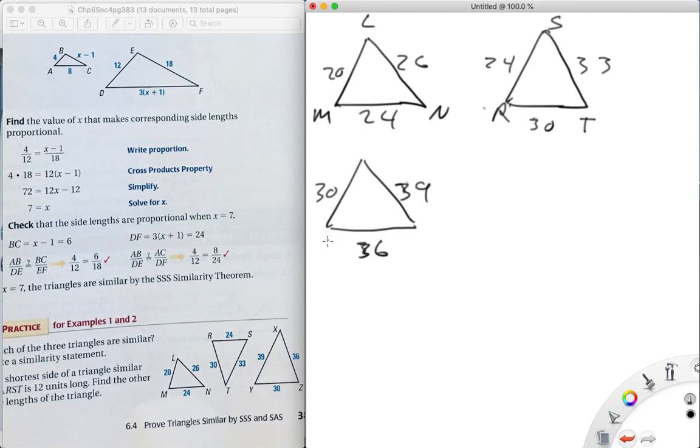So the smallest guy would be Y to Z, and this would be X. No, that doesn't make sense. This would be Y to Z.